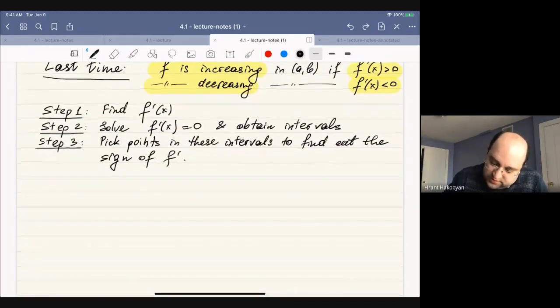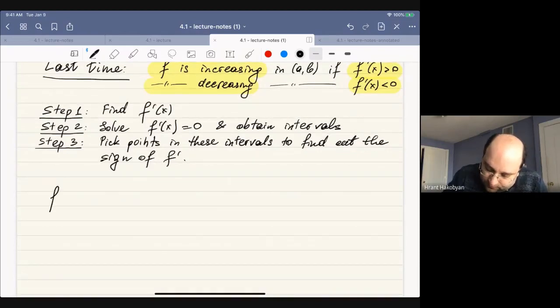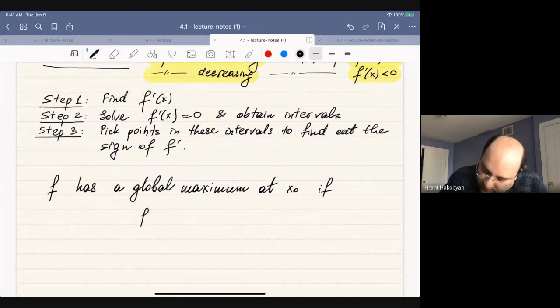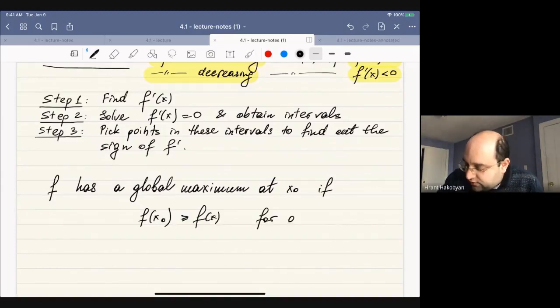We say that f has a global maximum at x naught if we have this inequality: f at x naught, the value of the function at that particular point, is greater than or equal to f of x for any x in the domain of f.